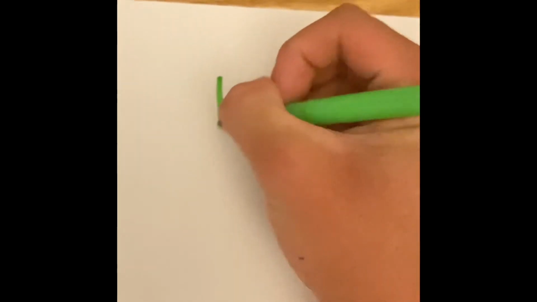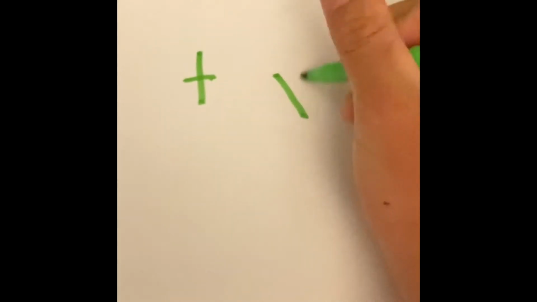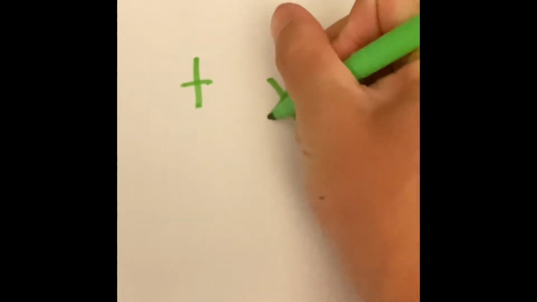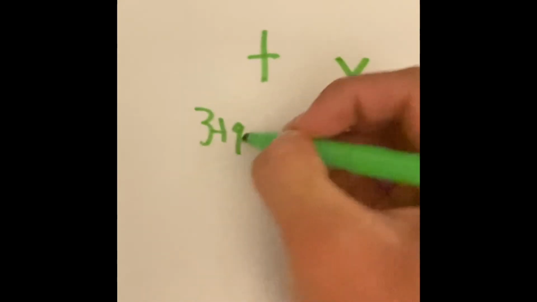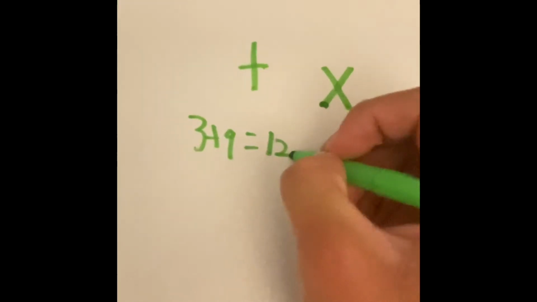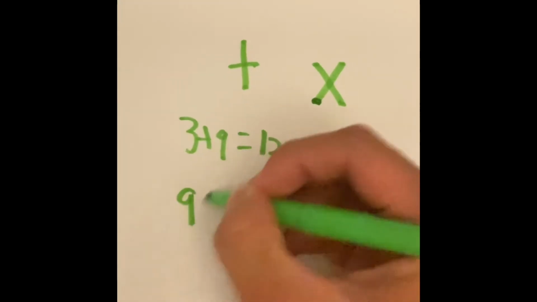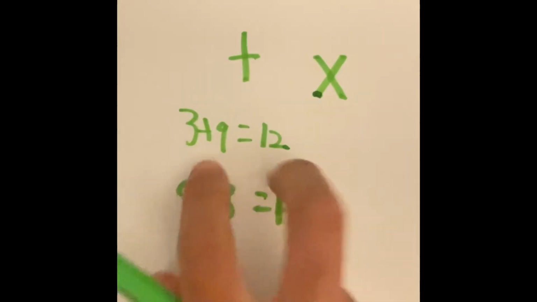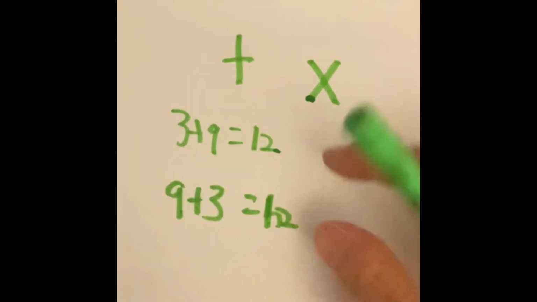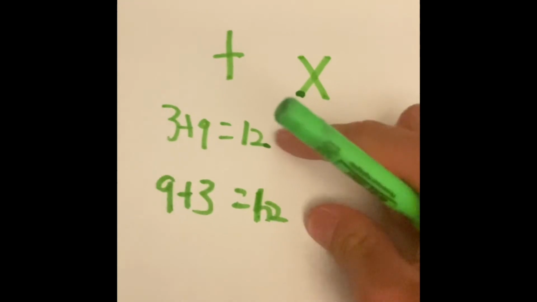If you've ever heard of the commutative property, that means that when you add or multiply any numbers, it doesn't matter what order they're in. If I add 3 plus 9, that equals 12. It also means that 9 plus 3 equals 12. So no matter what place I put the 9 or 3 in, it still equals the exact same number.